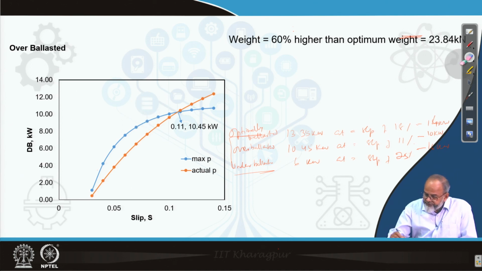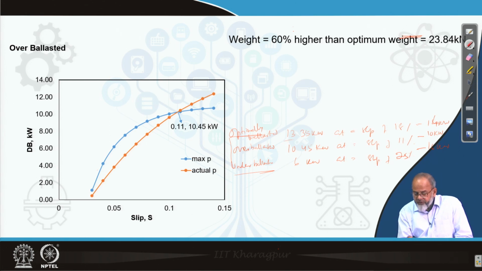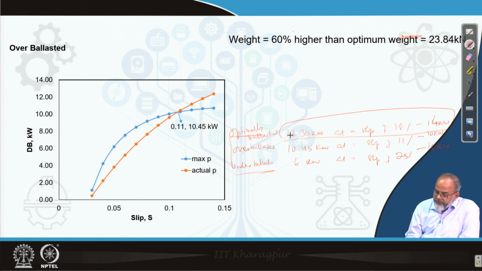So look at these figures now. That itself indicates what is exactly happening. In the optimum condition you are closer to 14 kilowatt, the maximum power which a tractor is able to transmit.